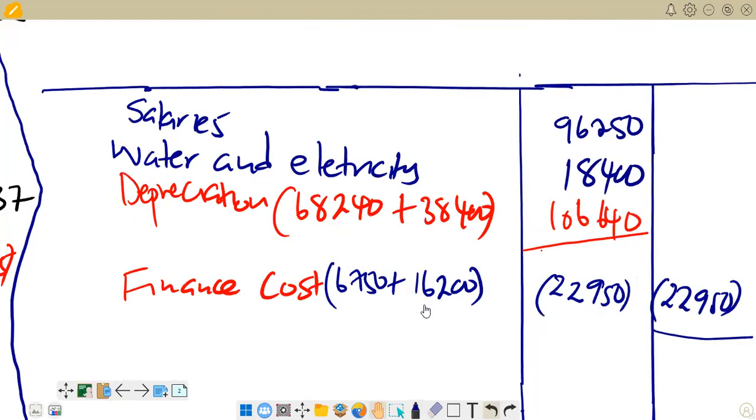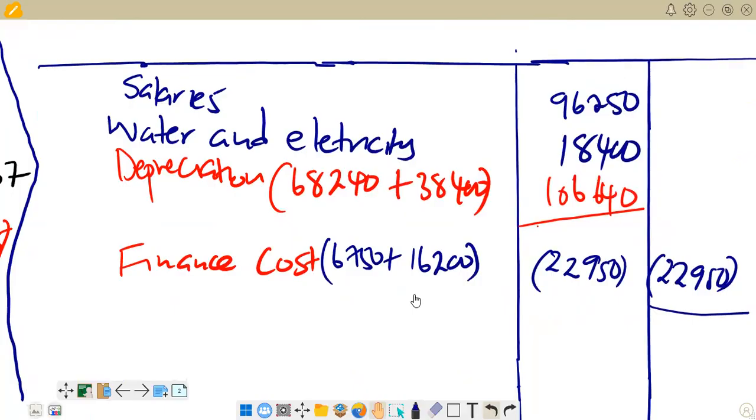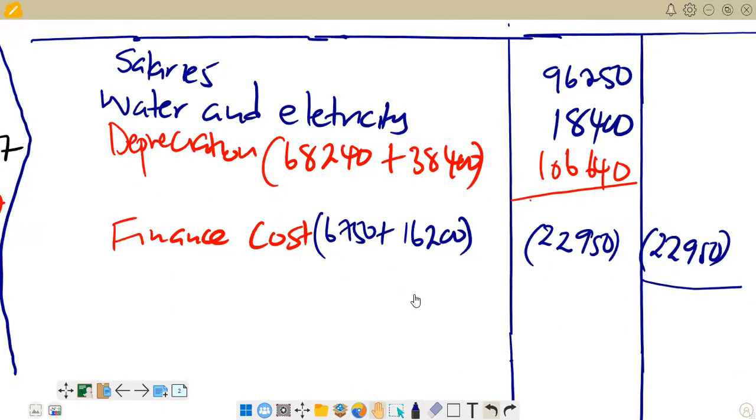And then we are going to get the net profit for the year or the net loss for the year. So if you make that calculation, you are going to get a negative figure there of 51,598.